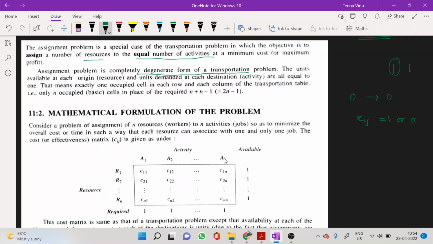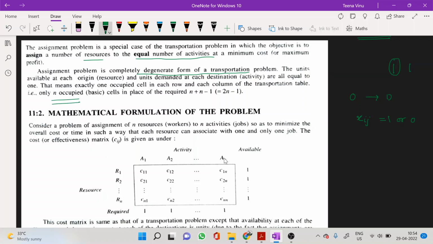The units available at each origin and the units demanded at each destination are all equal to 1. This means exactly one occupied cell in each row and one occupied cell in each column of the transportation table, and so only n occupied basic cells will be there.